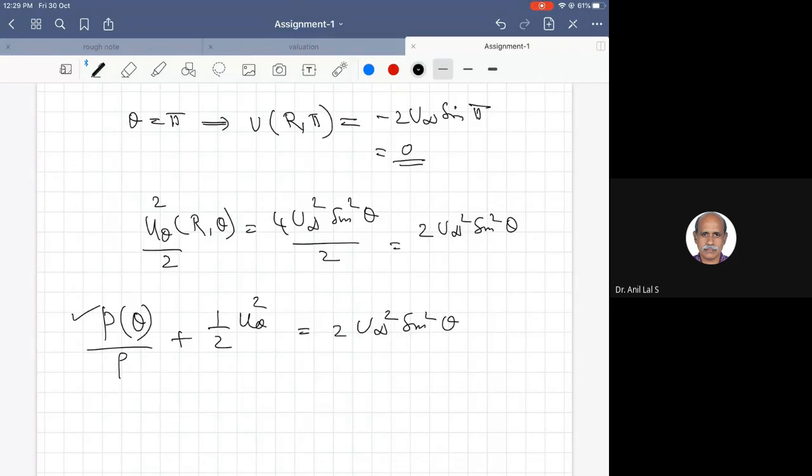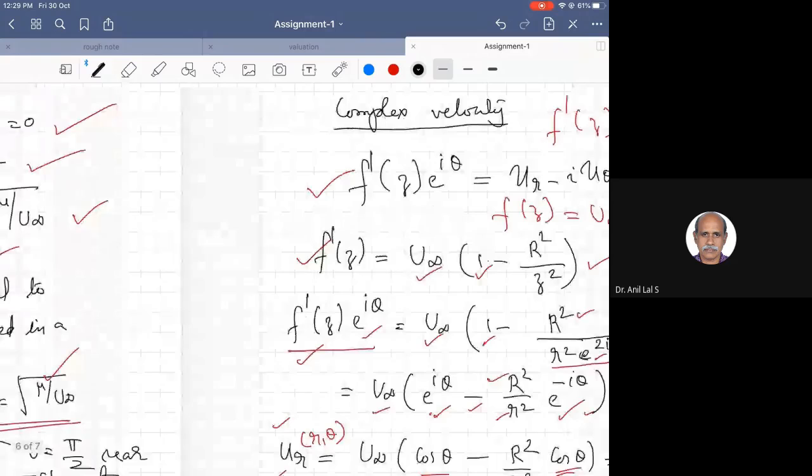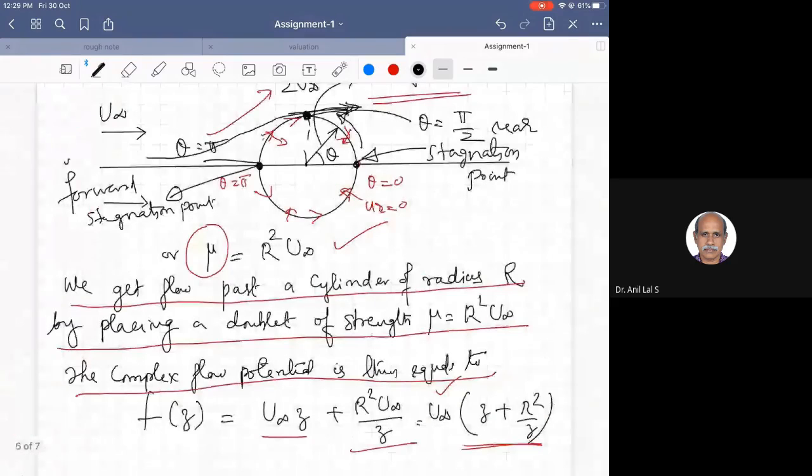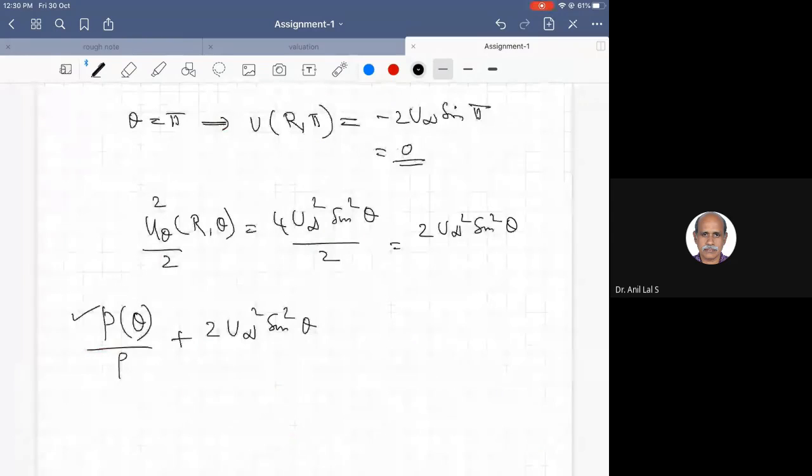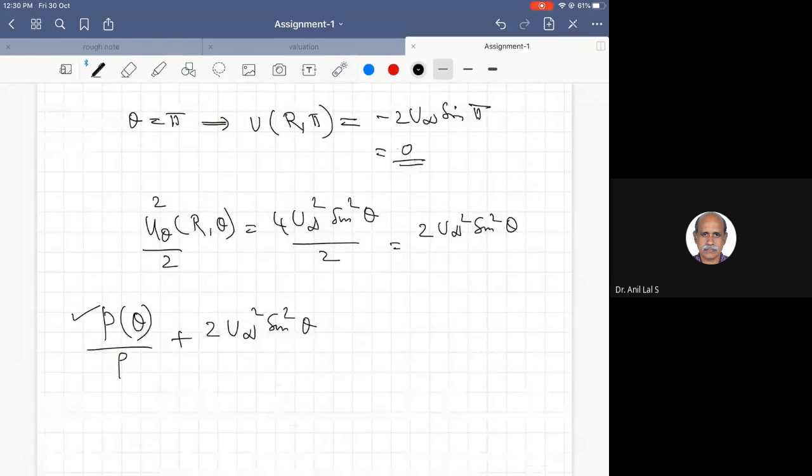So P theta by rho plus half u squared equals 2u infinity squared sine squared theta, and this is a constant. Suppose in the free stream, at a point which is not affected by the cylinder, the pressure is P infinity.